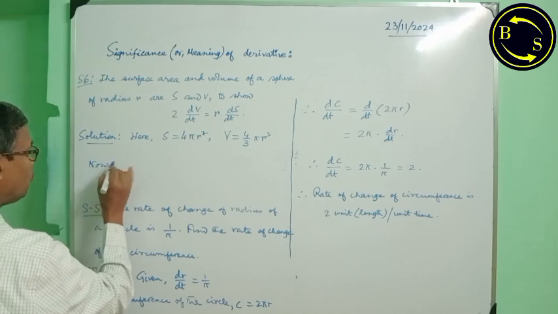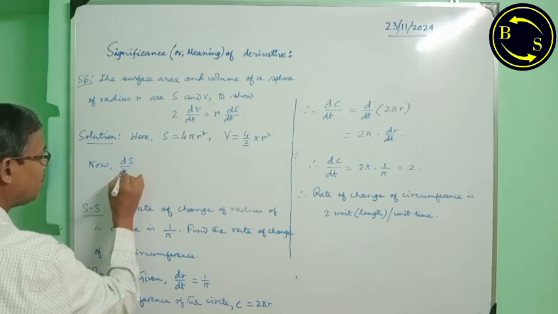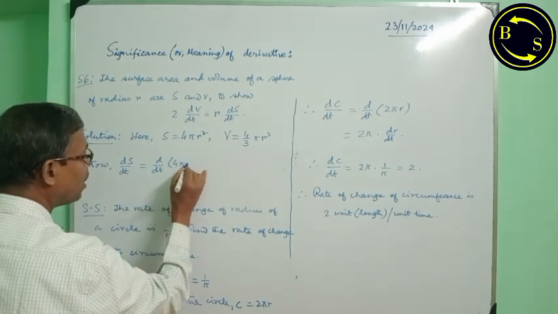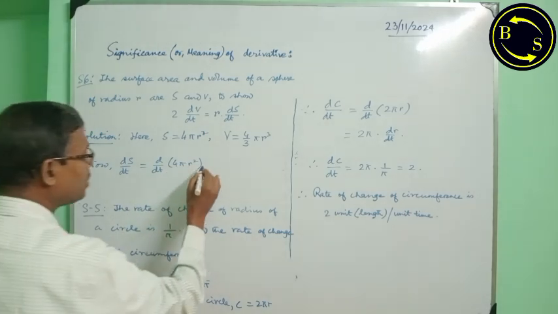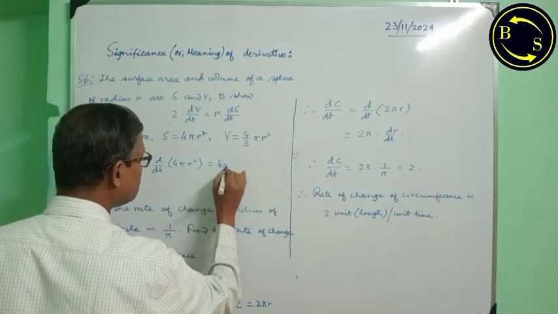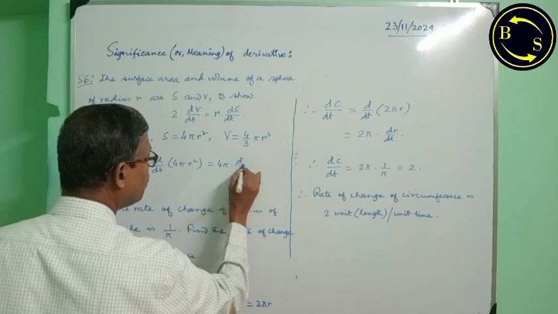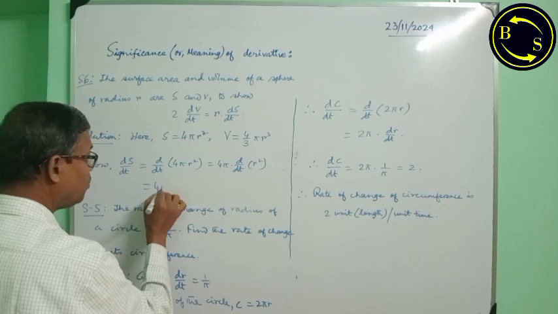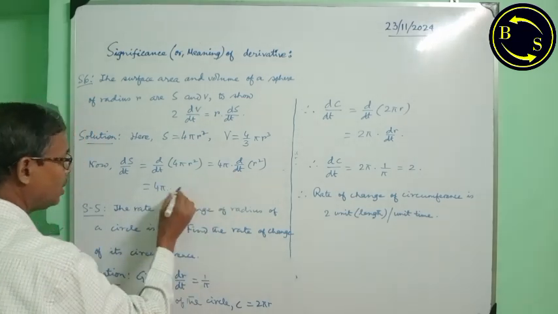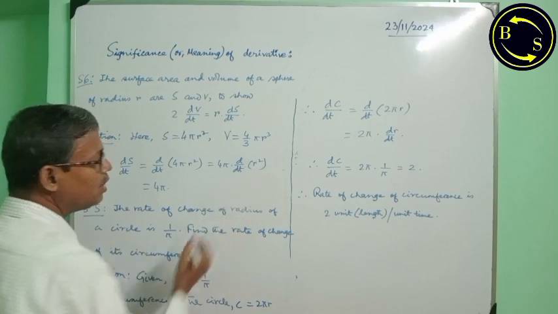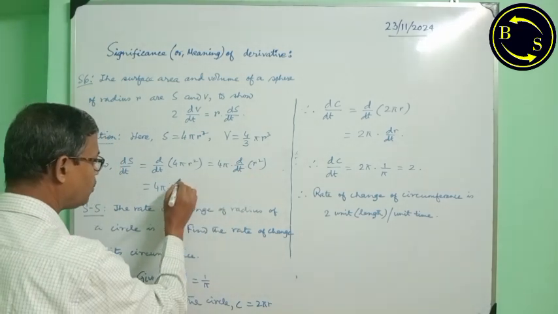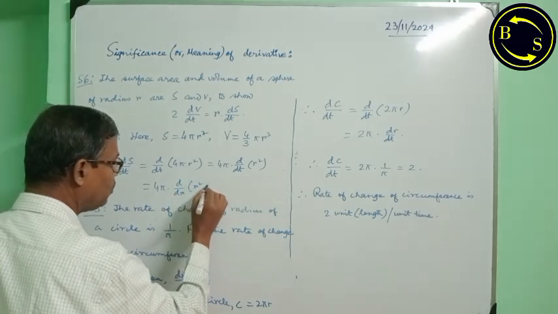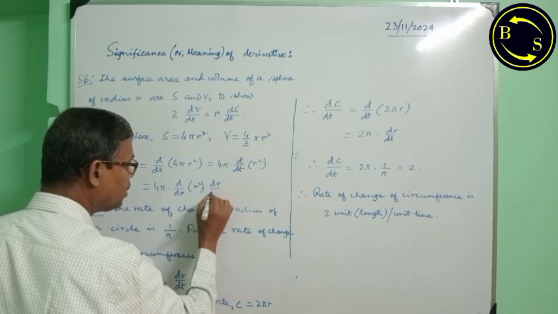Now ds dt is equal to d dt 4 pi r square. 4 pi is constant, 4 pi into d dt r square, that is equal to 4 pi into, this is a function of r, therefore this will be d dr r square into dr dt.